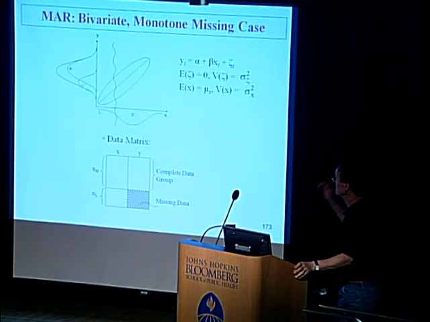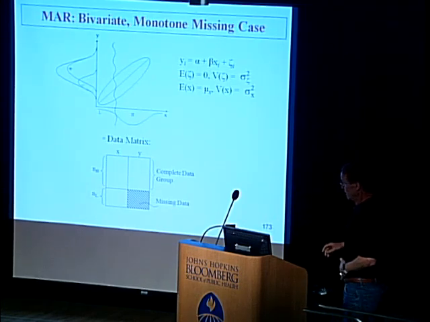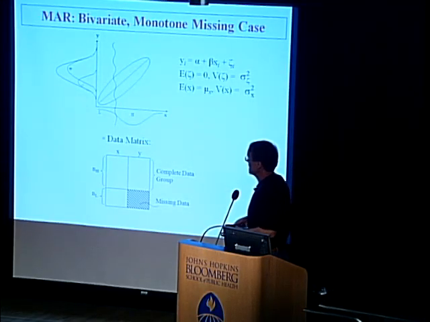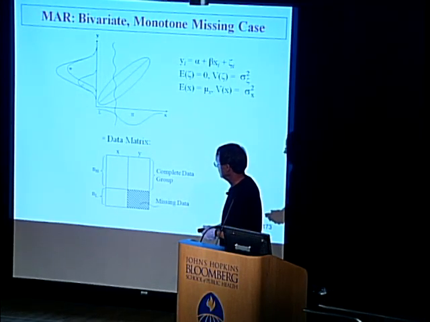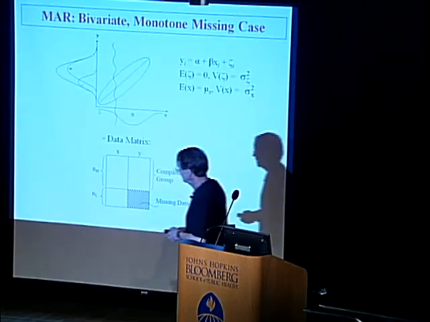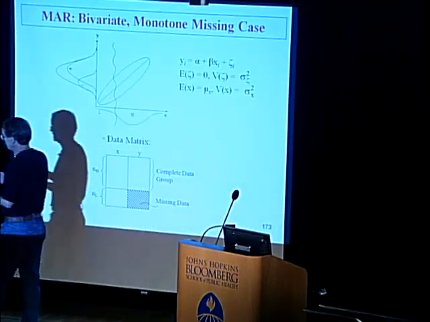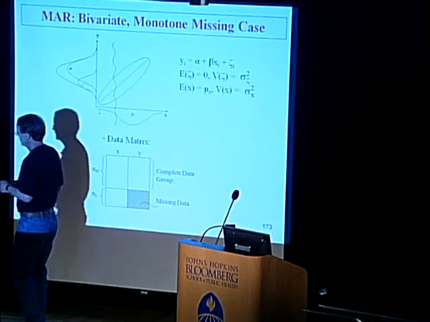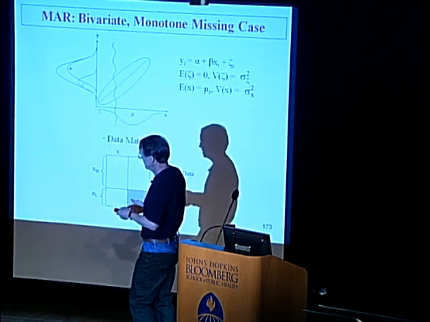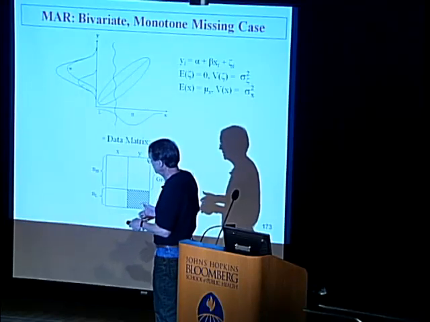So let's look at this. Here's an interesting case which sort of is the essence of the MAR advantage over listwise. So look at this data matrix, bottom left. You have two columns, X and Y, two correlated variables, and you have two groups of people, NH and NL.